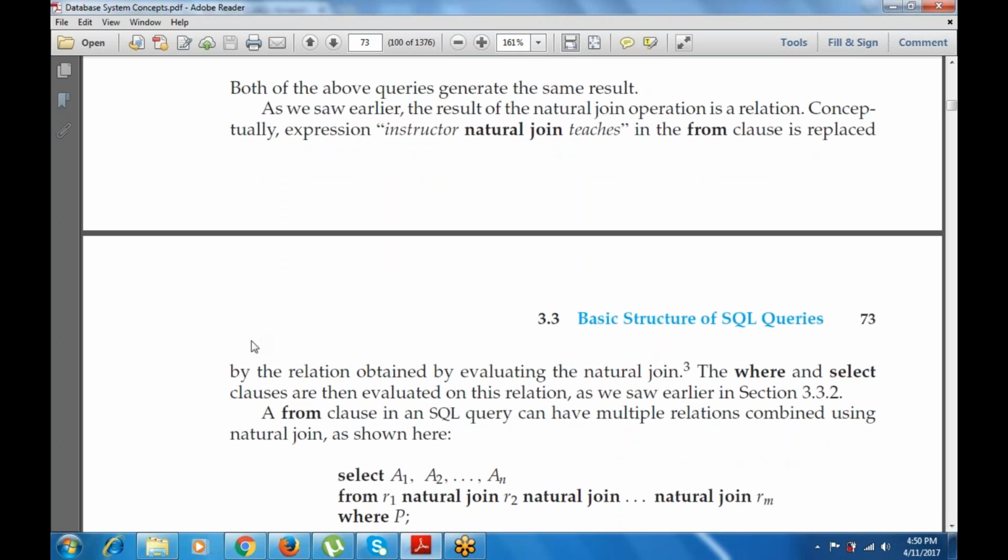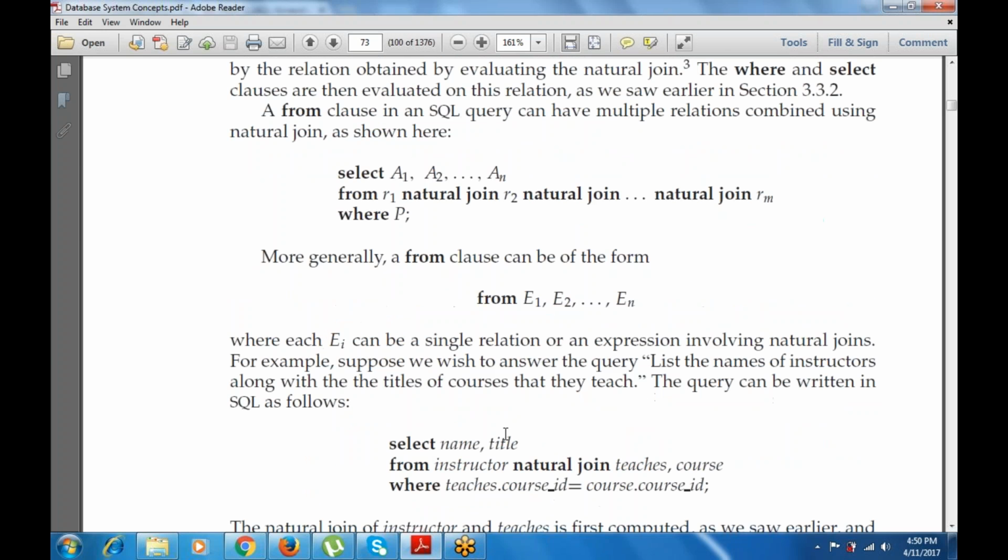The where and select clauses are then evaluated on this relation. Multiple relations can be combined using natural joins. So select A1, A2, ..., An, that means multiple fields from R1, one table, natural join with R2, the next table, natural join with R3, and so on till Rn, the nth table.